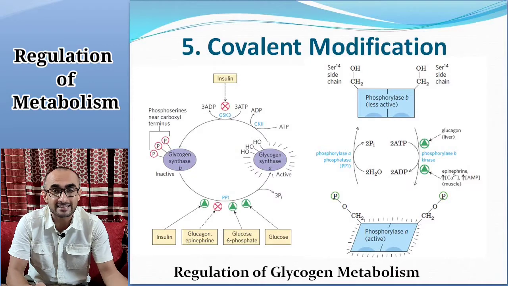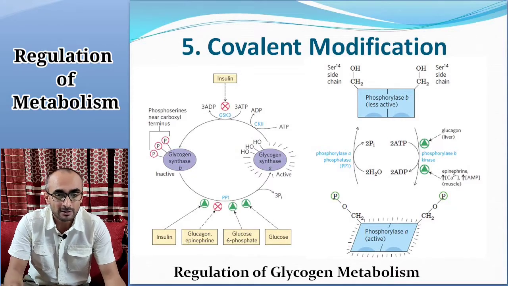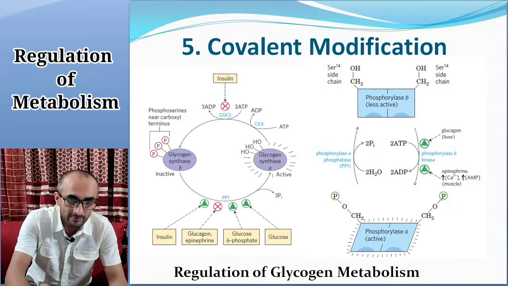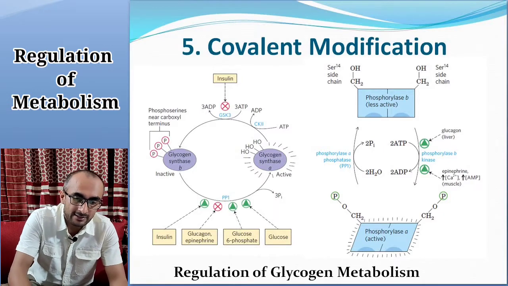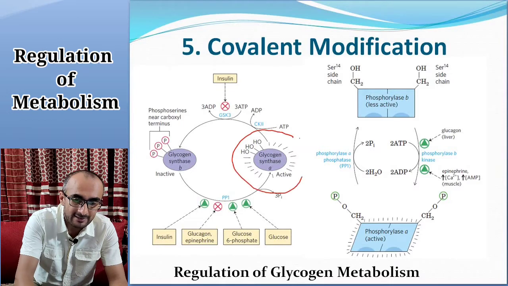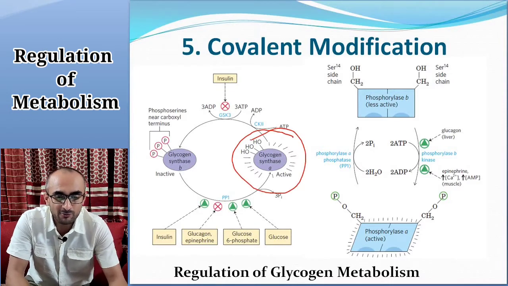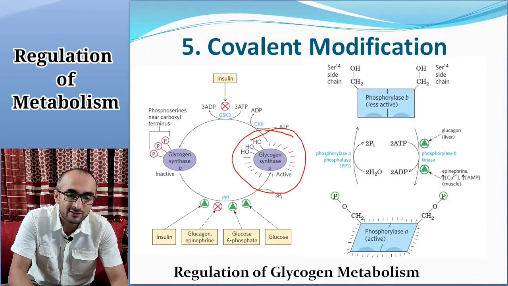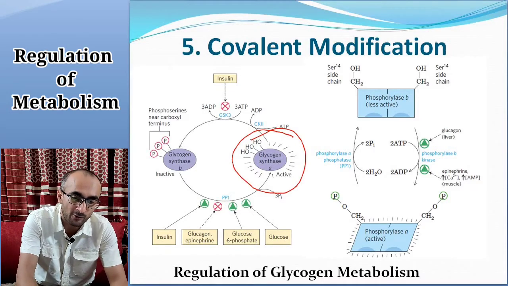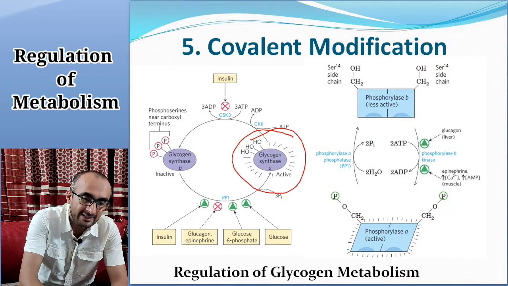You call them kinases. For example, here you have GSK3 in case of glycogen metabolism. The activity of glycogen synthase is regulated by GSK3, glycogen synthase kinase 3, which transfers a phosphate group onto glycogen synthase and makes it inactive.